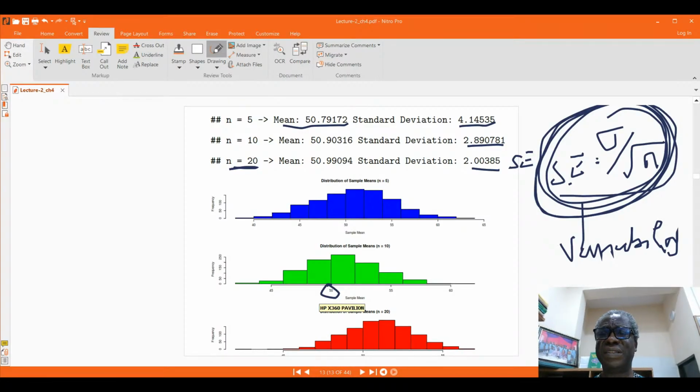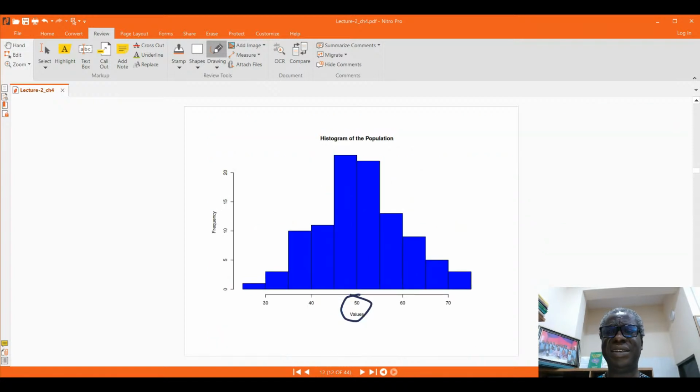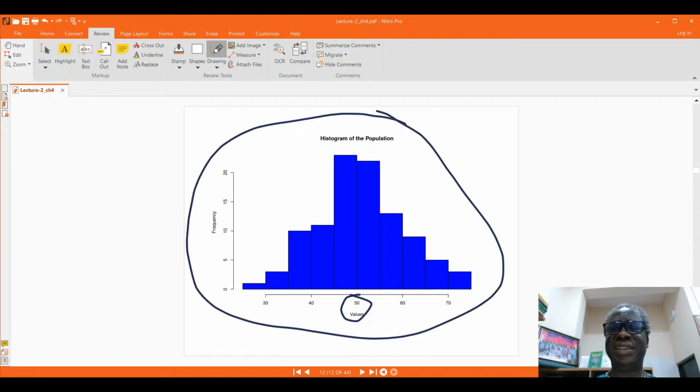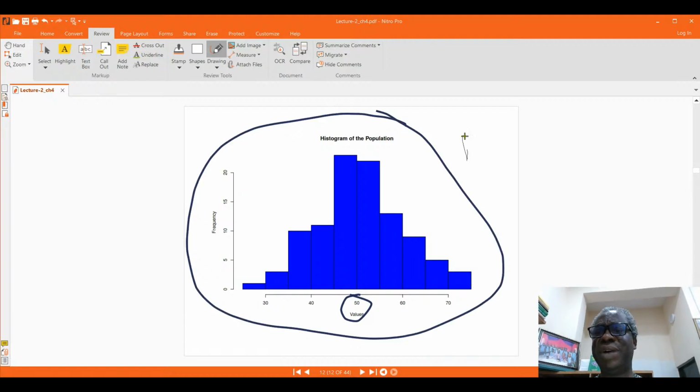But before I leave this place, remember that the shape of the parent, the original data, as you see, is normal.